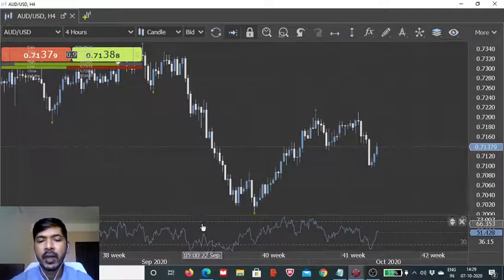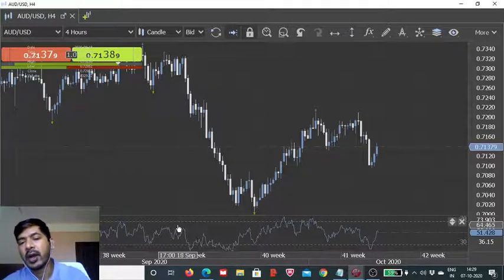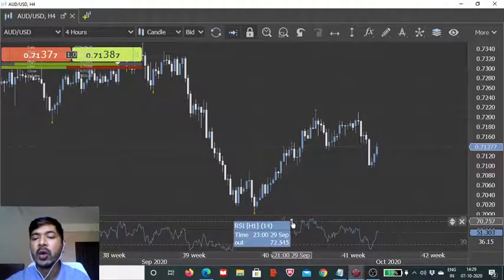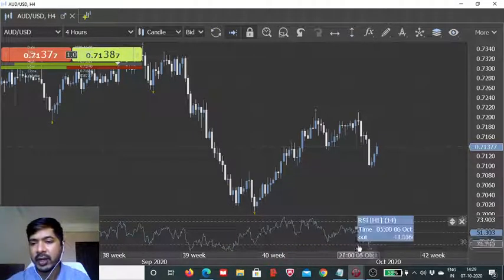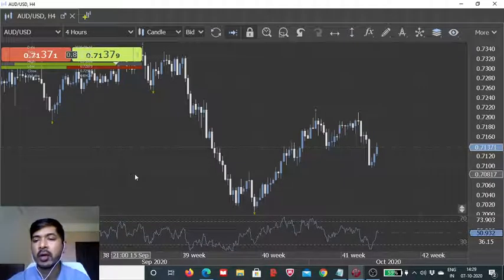But as you can see, this indicator gives us a very good idea whether the underlying instrument is trending on the upside or it is trending on the downside, and whether it has entered into the overbought territory or whether it has entered into an oversold territory. So we all get to know that.